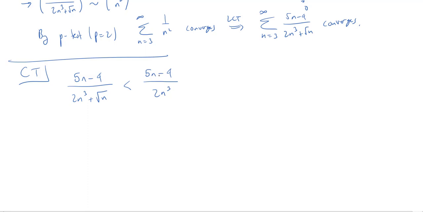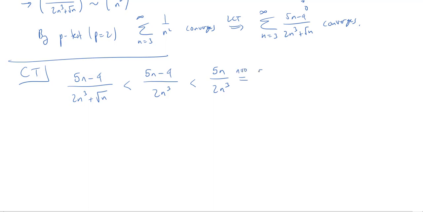Okay, what if I got rid of this minus 4? Well, the minus 4 was making the numerator smaller. So getting rid of it, that's like adding 4, will make the numerator bigger, which will make the fraction bigger. So this is less than 5n over 2n cubed. Again, n is not equal to 0, so it's okay to cancel.